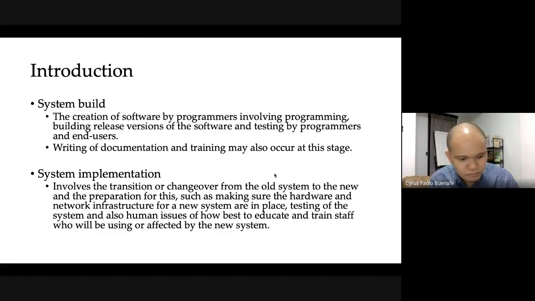During the phase of development, it's advisable that you already start writing your documentation, but you don't really have to complete them during this period. Naturally, you'll have to wait until everything is completed. Also, during this period, you can probably do some training already, but the training would have to be very specific. It could not be the training, let's say, on how key users can use the system. I think it's still early.